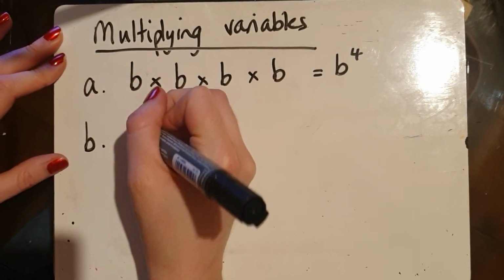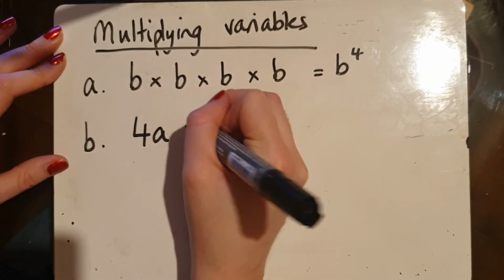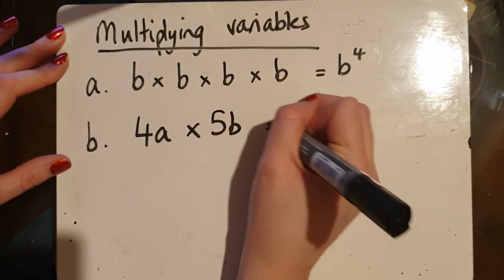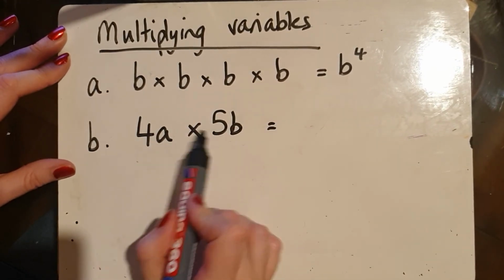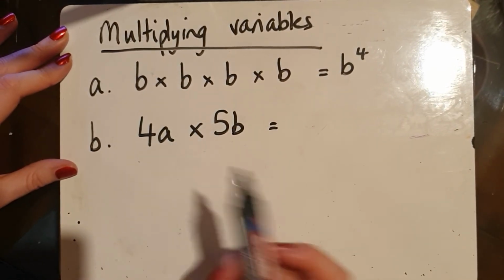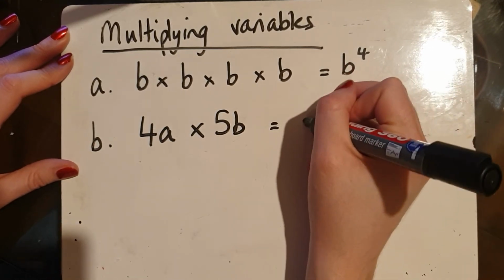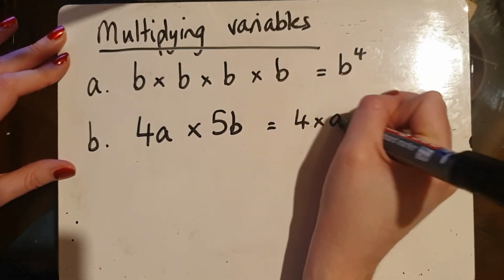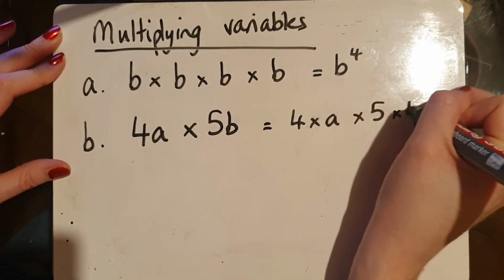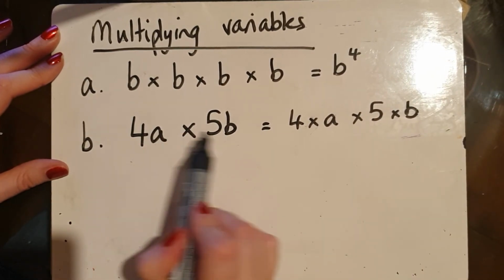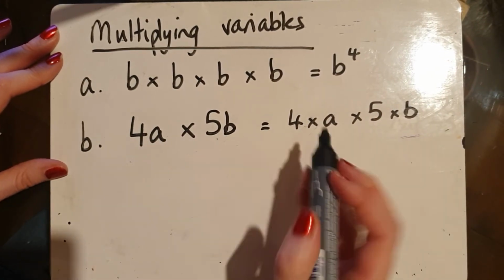Another one, if we had 4a multiplied by 5b, the coefficients can multiply together because of the commutative law. That's really 4 times a times 5 times b. We just don't write the multiplication sign between algebraic terms.